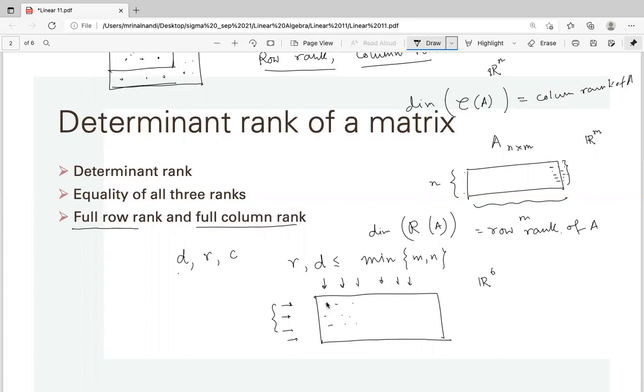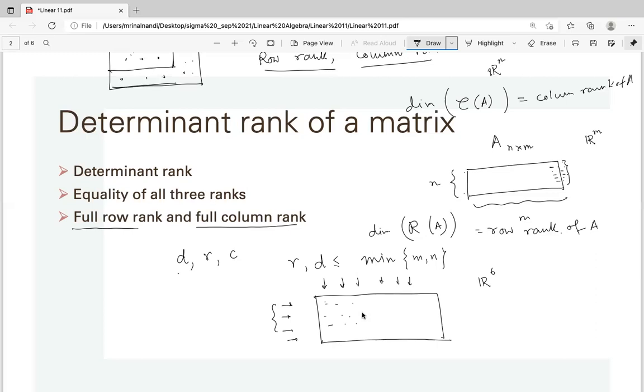If you go to the row reduced echelon form of these 3 rows, you know that once you go through the row reduced echelon form, the rank or independence does not change, and you will get an identity matrix here: 1 0 0, 0 1 0, 0 0 1. Actually there is no need of echelon form.